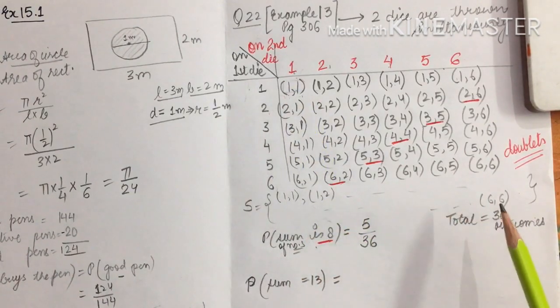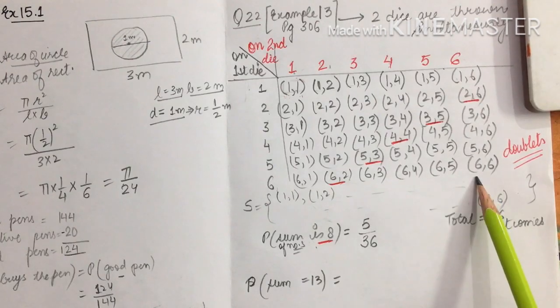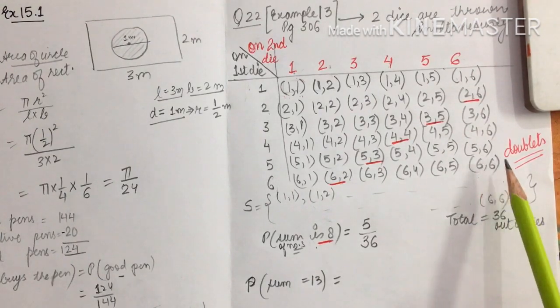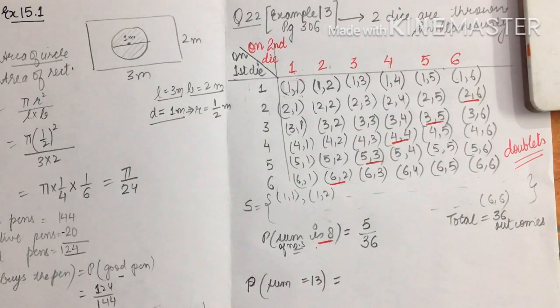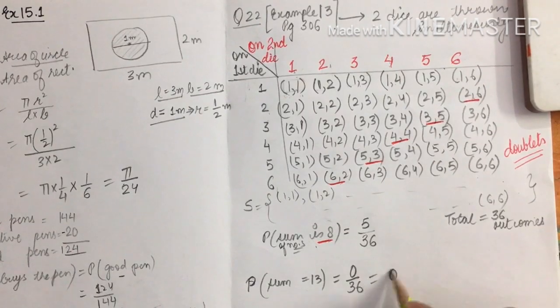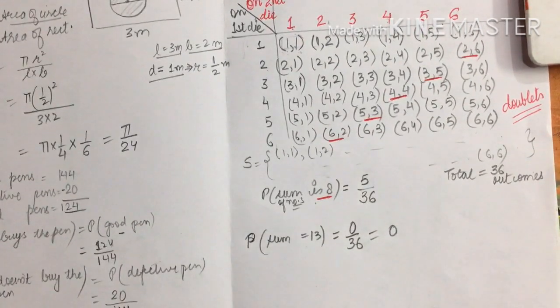And if we get the largest numbers on both, 6 on the first one, 6 on the second one, then the sum is 12. There is no sum beyond 12. So you can get a sum from 2 up to 12. And we want the sum to be 13, so there is no such case. So this is an impossible outcome here. Impossible event, sorry.